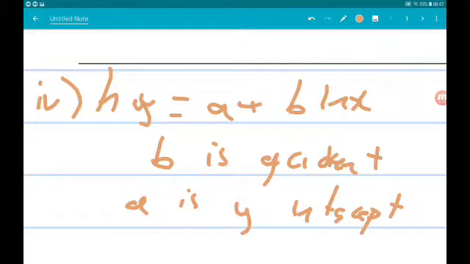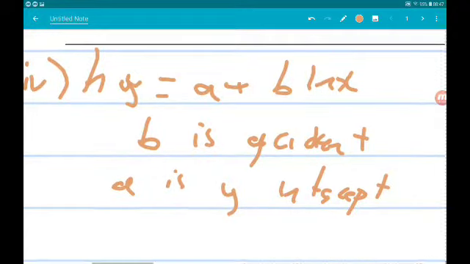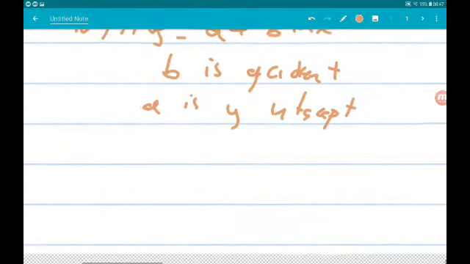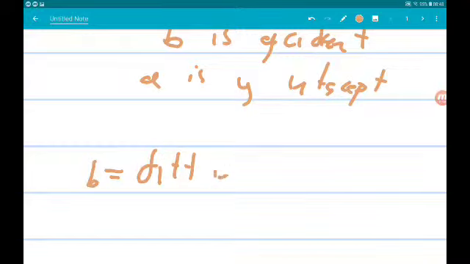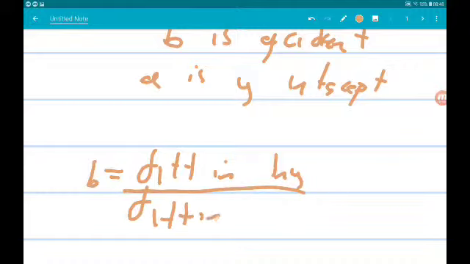So, we need to find B first of all. So, gradient is difference in y over difference in x. Here, that's difference in log y over difference in log x.